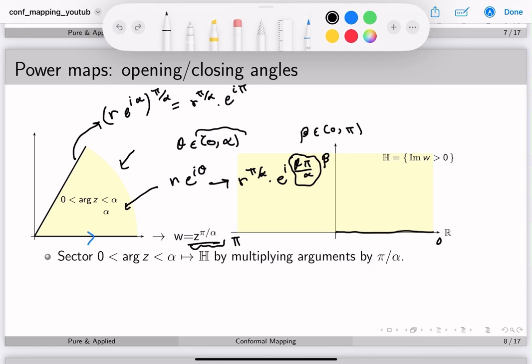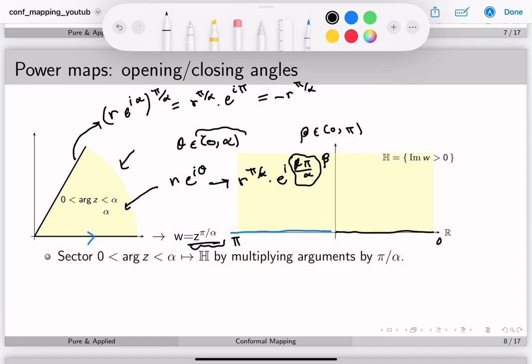So this is just minus r to the pi over alpha, and this is a positive number, and we're multiplying by minus, so we end up with this thing. And again, you can see that the domain is the upper half plane, the image.